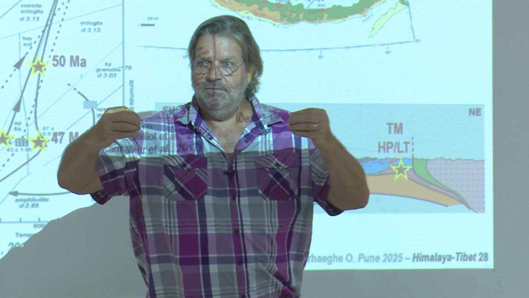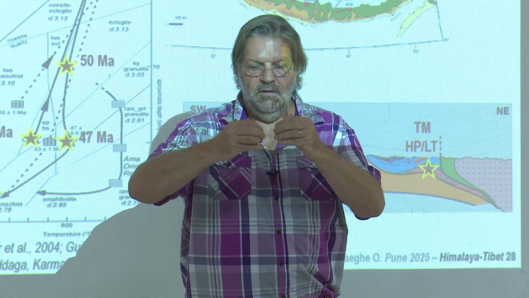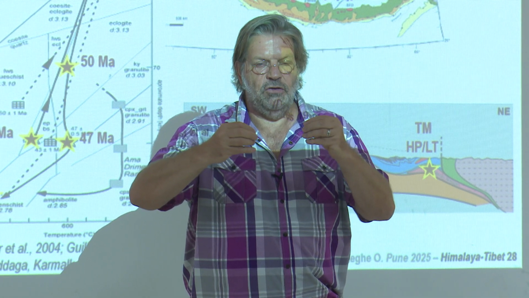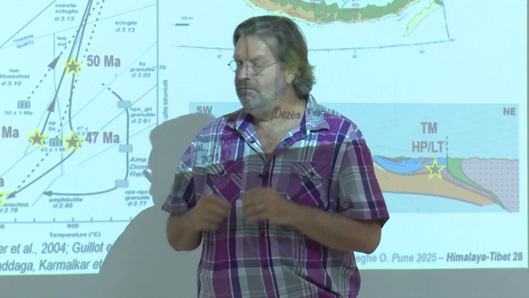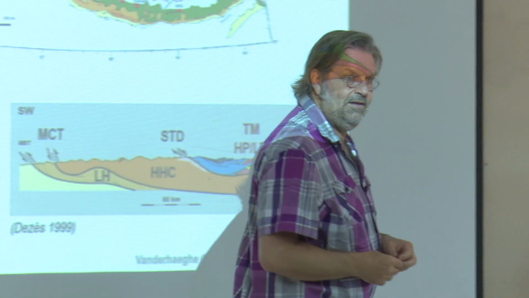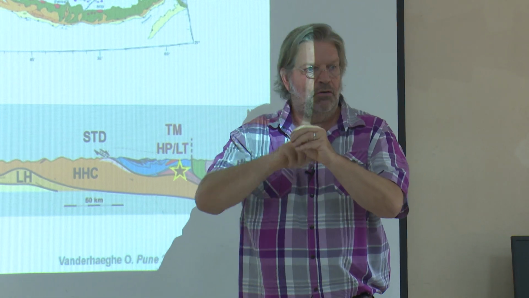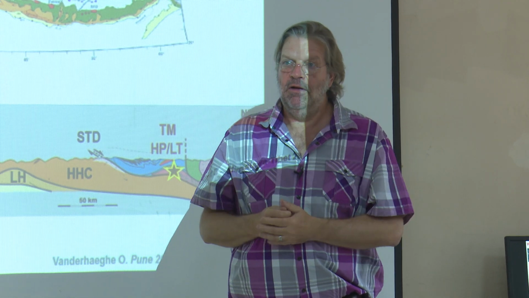Same with boudinaged structures. Where do you expect to have the least pressure, in between the boudins or on the sides of the boudins? In between. So sample minerals in between, in the boudin neck, and on the sides. Check if they are the same.